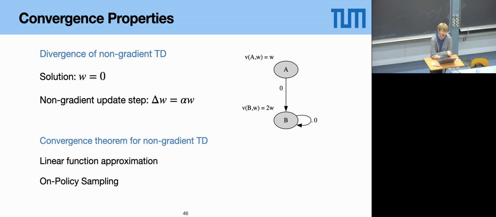If you're classifying cats or dogs, and there's this one cat that you like especially, you can just show it 100 times to the network. It might converge to another solution, but it still converges. You cannot do that for these non-gradient methods. You have to show the transitions according to the natural frequency of the Markov process.